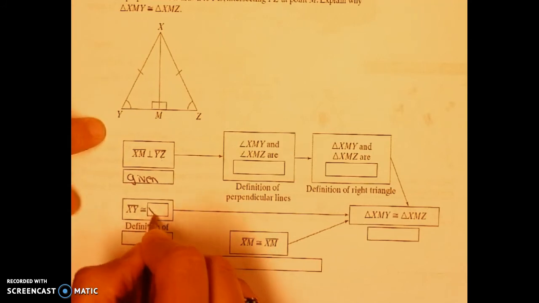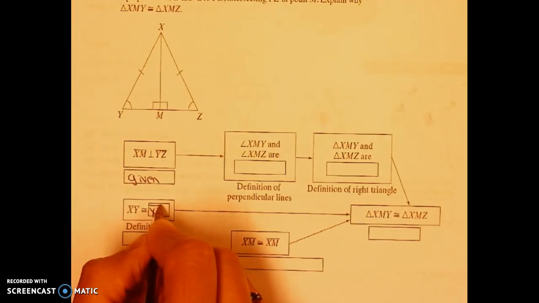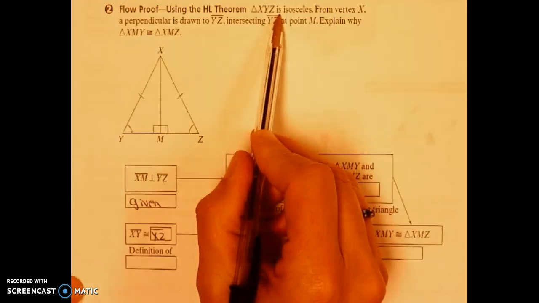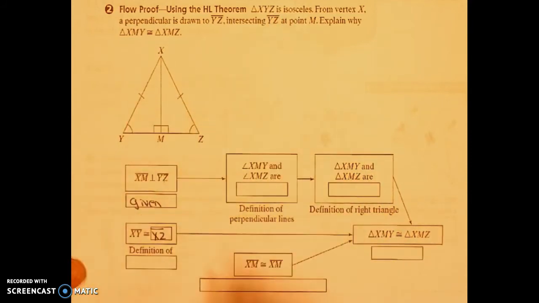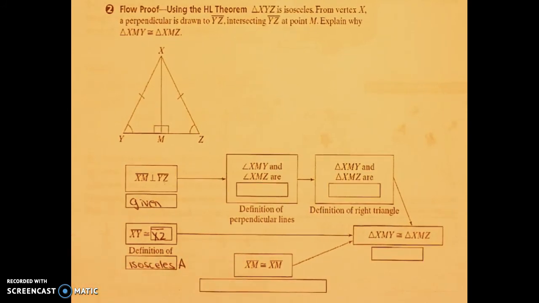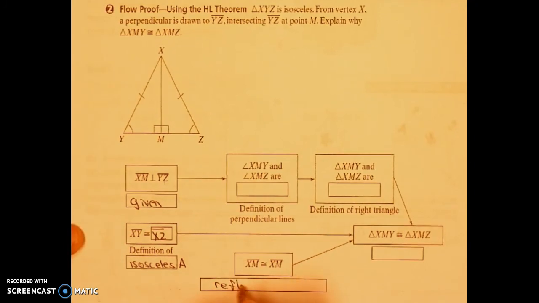XY is congruent to XZ, and if you read closely, it tells us this triangle is isosceles, which means two of the sides have to be the same measure, which in this case would be XY and XZ. So this is definition of an isosceles triangle. Coming down here, XM is congruent to XM. We've seen this property several times. This is reflexive.